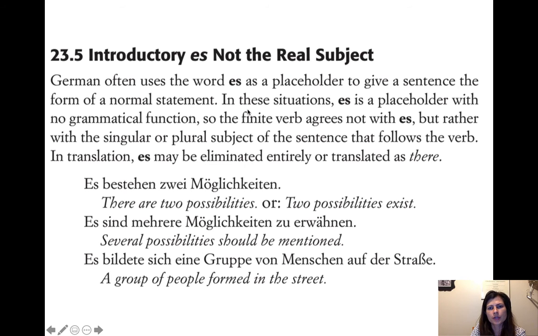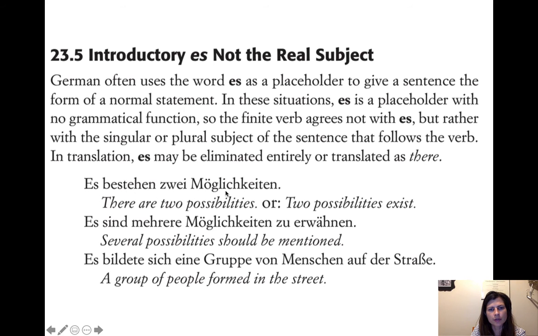So in these situations, S is a placeholder with no grammatical function, so the finite verb, the conjugated verb, agrees not with S, but rather with the singular or plural subject of the sentence that follows the verb. So in translation, S may be eliminated entirely or translated as there. So let's look at some of these.